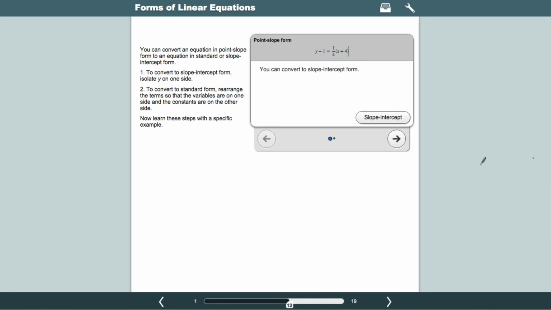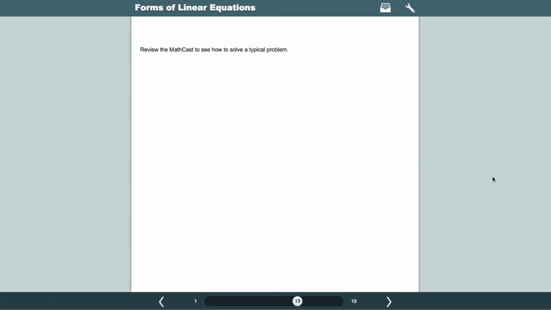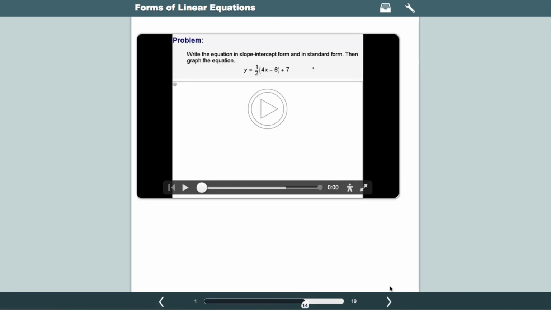So this gives you an idea of things to watch for as you're going through this. There's lots of different methods. There's videos here that try to help explain it. So we want to write that in slope-intercept form and in standard form. Well, what's our slope-intercept form?